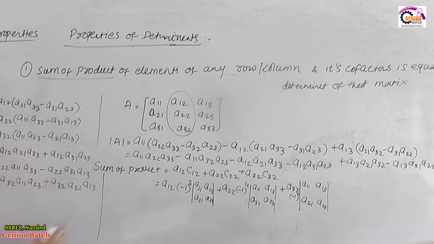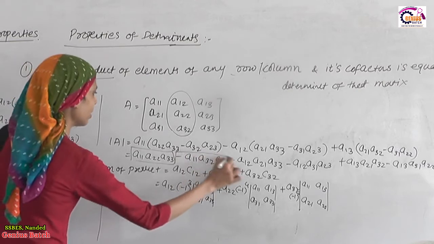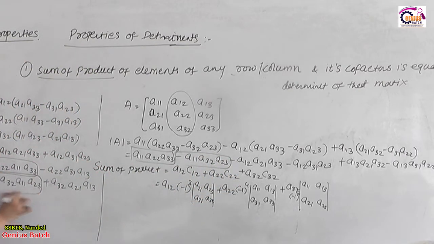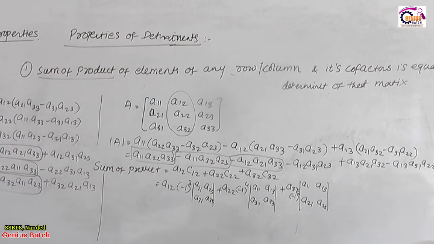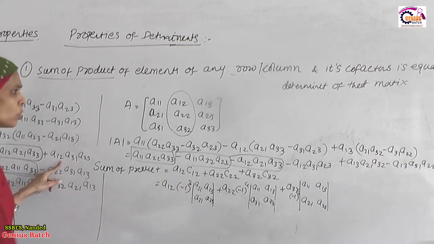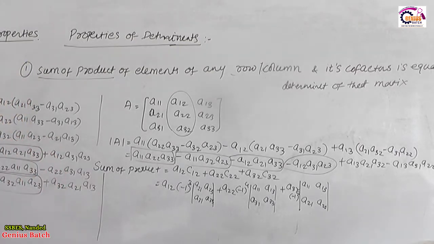See, I am having A11, A22, A33 here, then minus A11, A32, A23, that term is here. Then minus A12, A21, A33, where it is A12, A21 here, minus A12, A21, A33, next term A12, A31, A23.